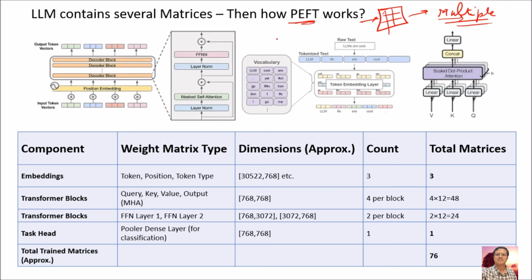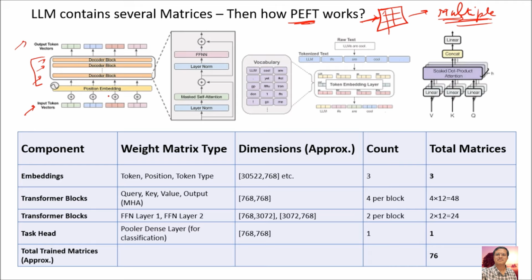Now the other question is how PEFT, parameter efficient fine tuning, works: whether it updates the weights of a single matrix or multiple matrices. To understand this, we have to go through the complete large language model transformer architecture. Suppose we have a GPT or other decoder only architecture which contains multiple decoder stacks, an input part and an output part.